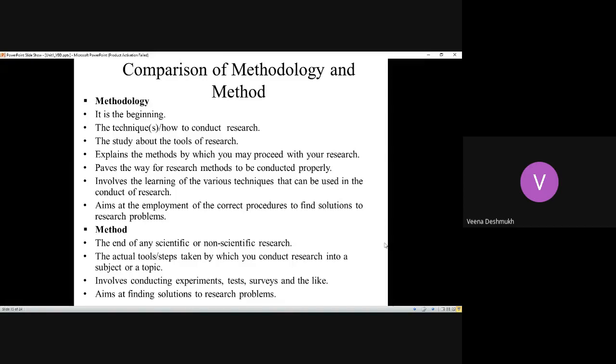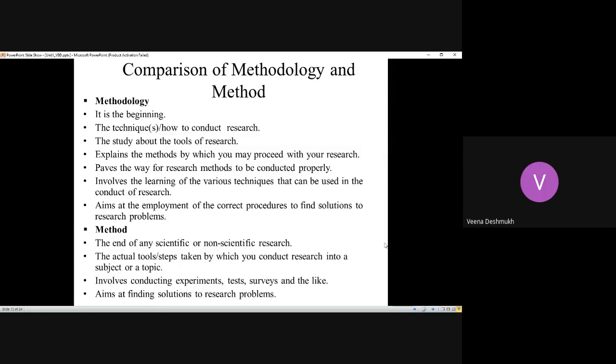Then next, the study of the tools of research. For this kind of research, what are the tools available for the work? The next point is the methods by which you may proceed with your research. Various methods are available, and which method is going to be suitable for this kind of work.